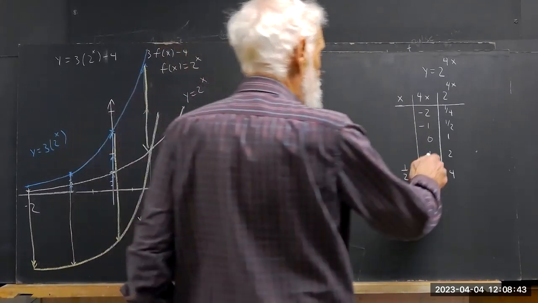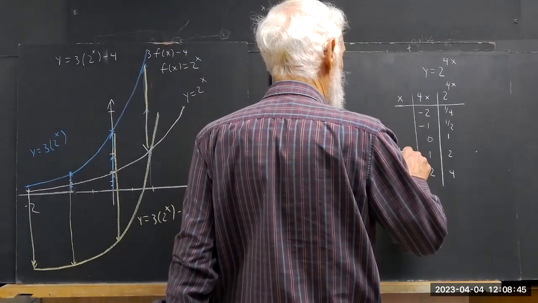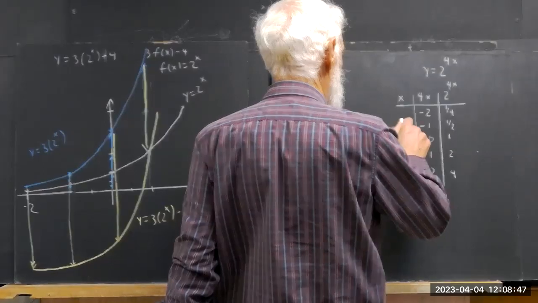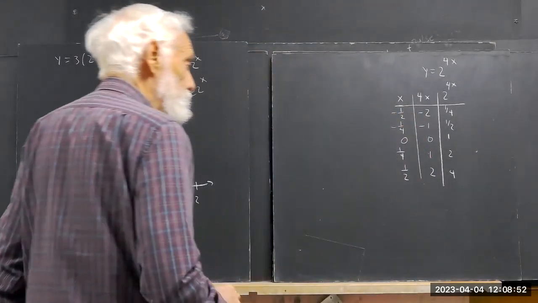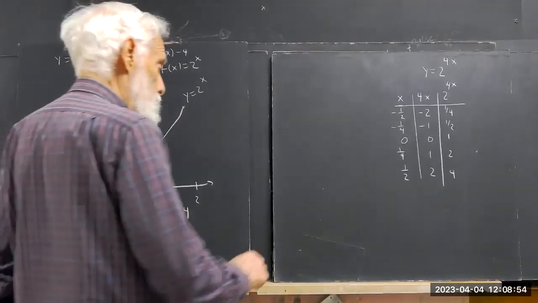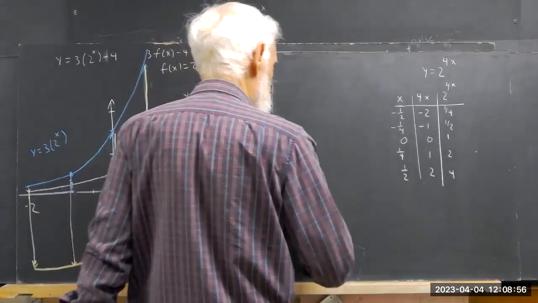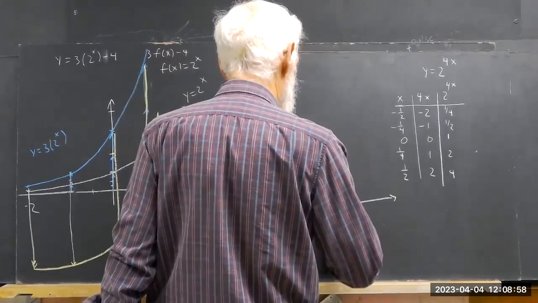And here you have to have 1/4. Here, of course, you have to take 2. This would be -1/4, and this would be -1/2. Make sure you understand that, because you're going to need it.